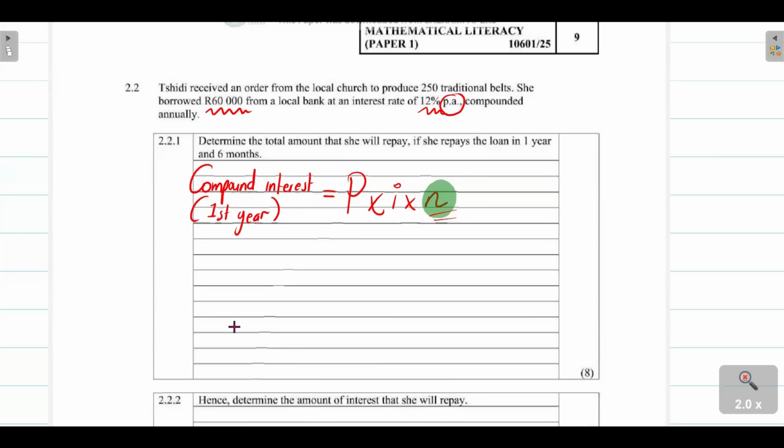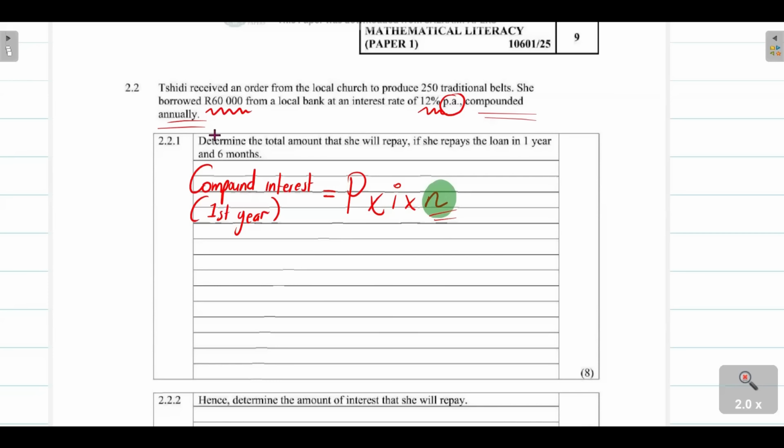In this situation, she's charged an interest rate of 12% per annum, compounded annually. That basically means the interest is added once a year.